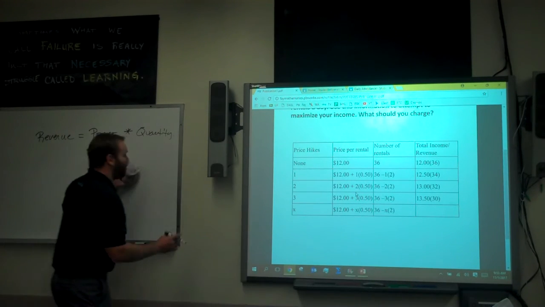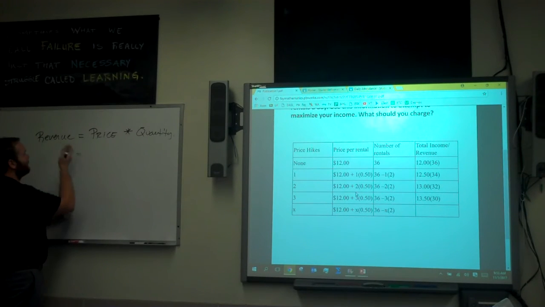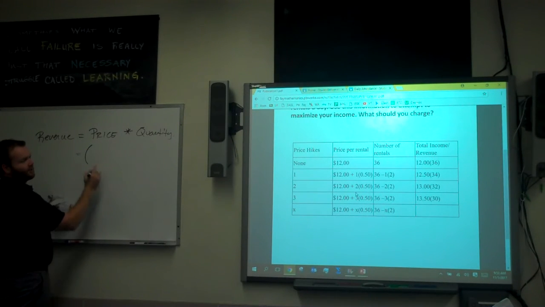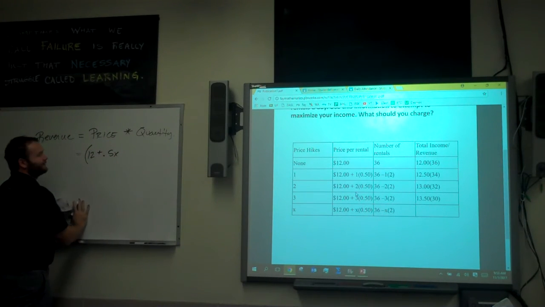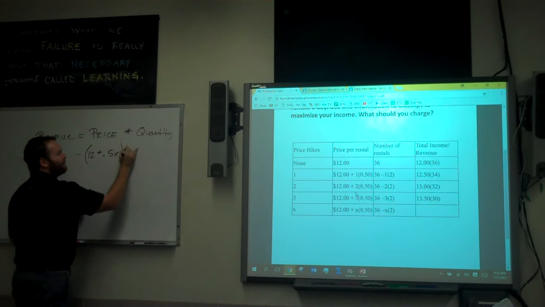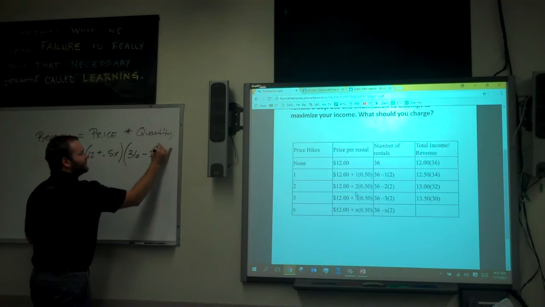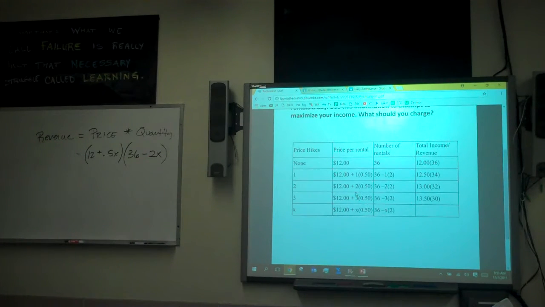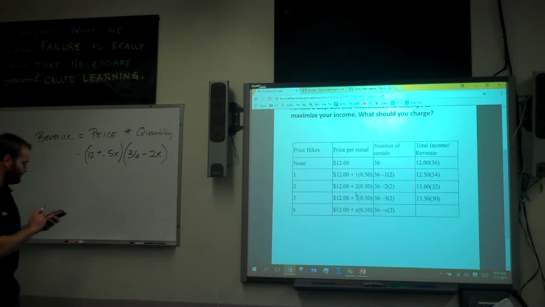So if I want to determine how to set my prices, revenue is price times quantity. So we have a price of 12 plus 0.5x, times a quantity of 36 minus 2x. Well, if I multiply that out, is that a quadratic function? Yeah. So let's go ahead and do that.